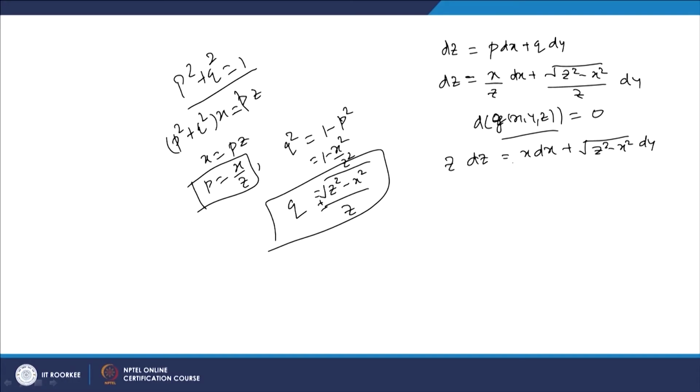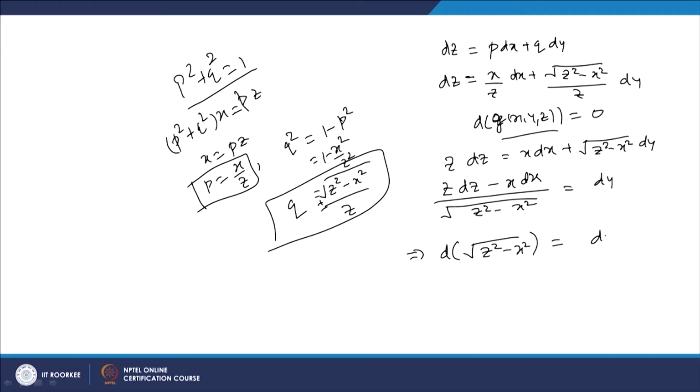So, from this you can see that I can write z dz minus x dx divided by under root z square minus x square equal to dy. And if you again see, it is what? I can write that d of under root z square minus x square equal to dy.